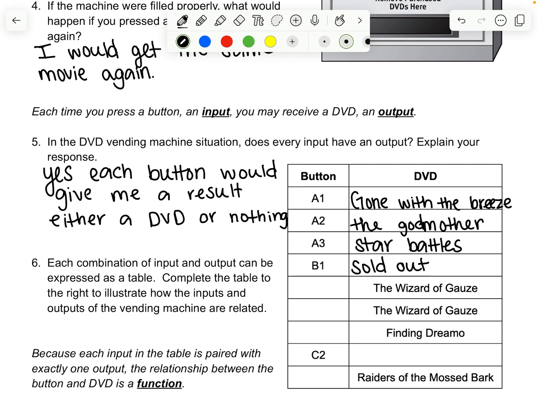And then for the last one, it gives you the DVD. Please go ahead and fill in the button. So I'm going to wait about 30 seconds. Please go ahead and fill in your table and we will see if you are correct in 30 seconds.